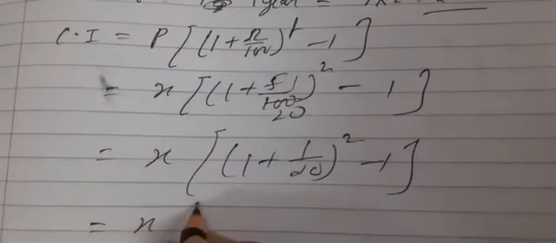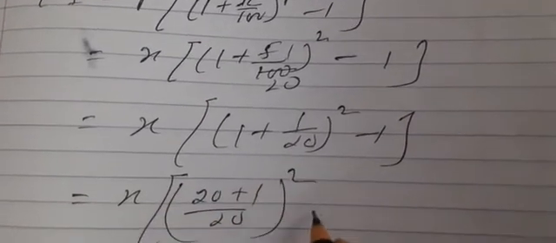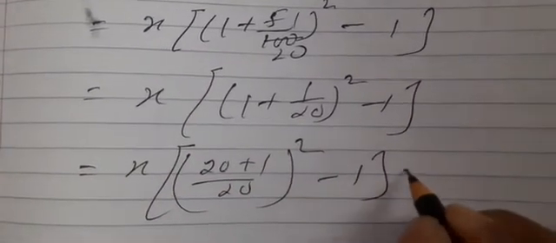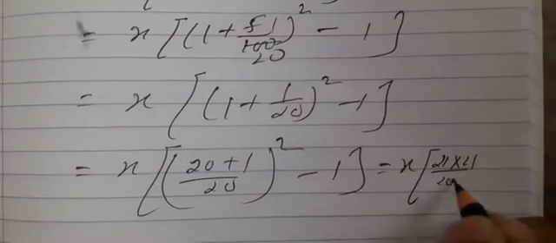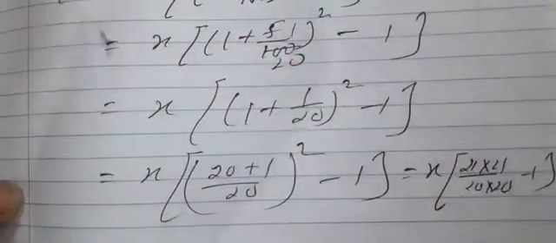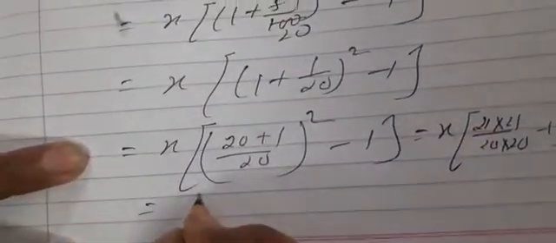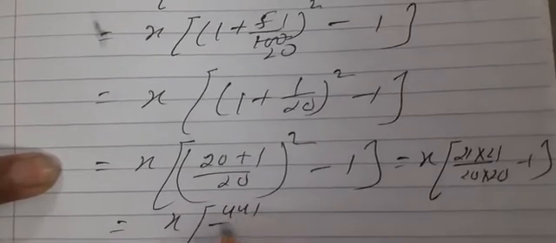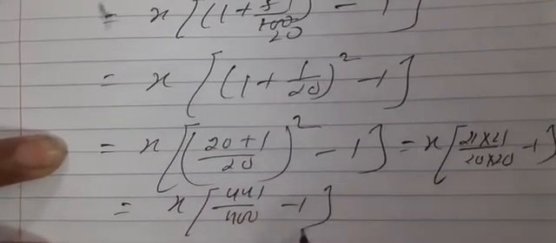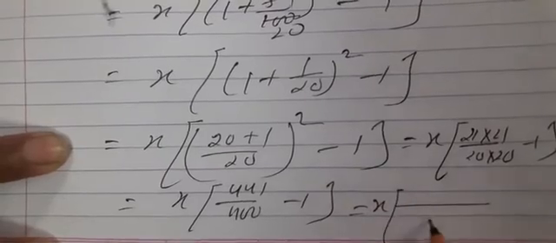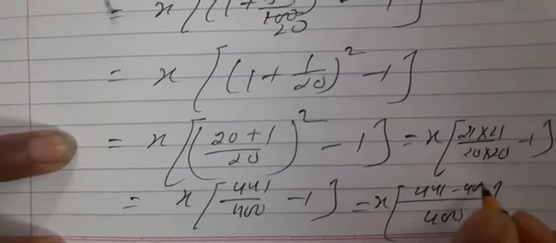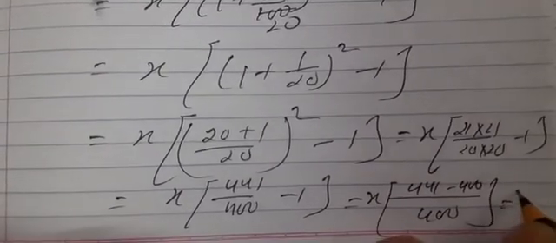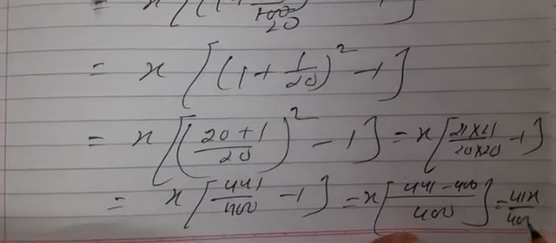So this will be x into 21 by 20 whole squared minus 1, and this will be x into 441 by 400 minus 1. Again we take the LCM, it is 400, here is 441 minus 400, so this will be 41x by 400.